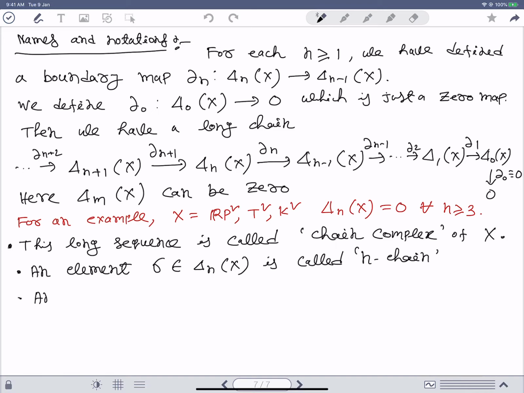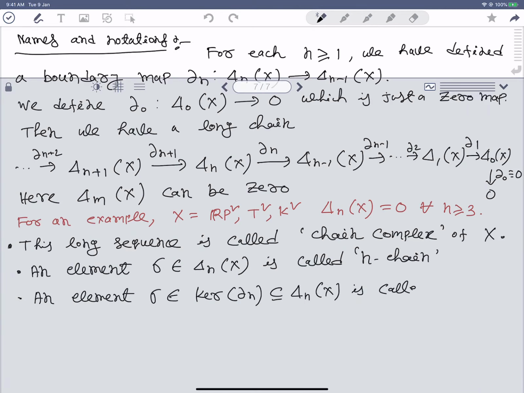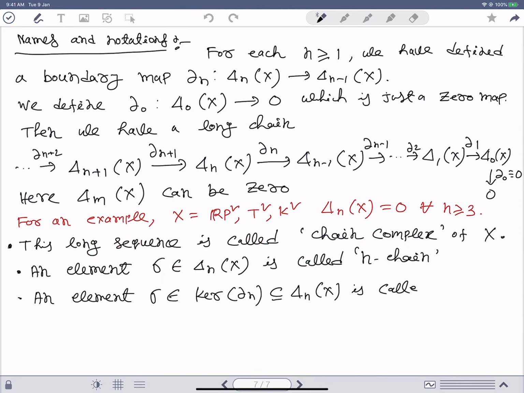Now an element, say again sigma, belonging to the kernel of del n, which is a subset or subgroup of delta n X, is called an n cycle.